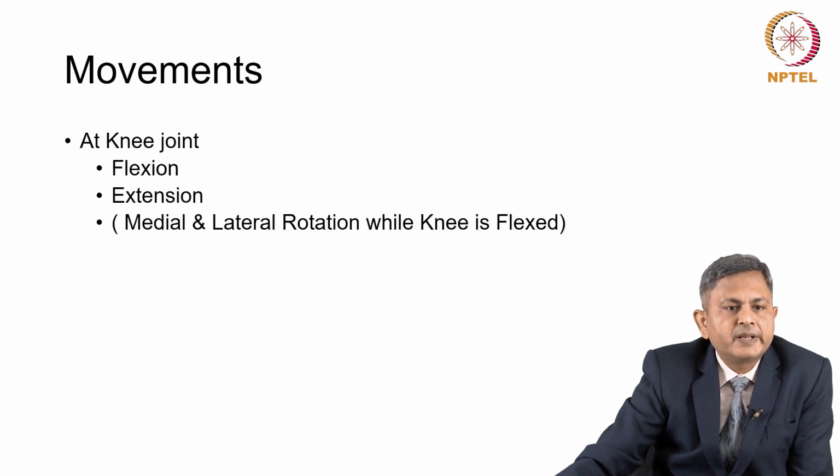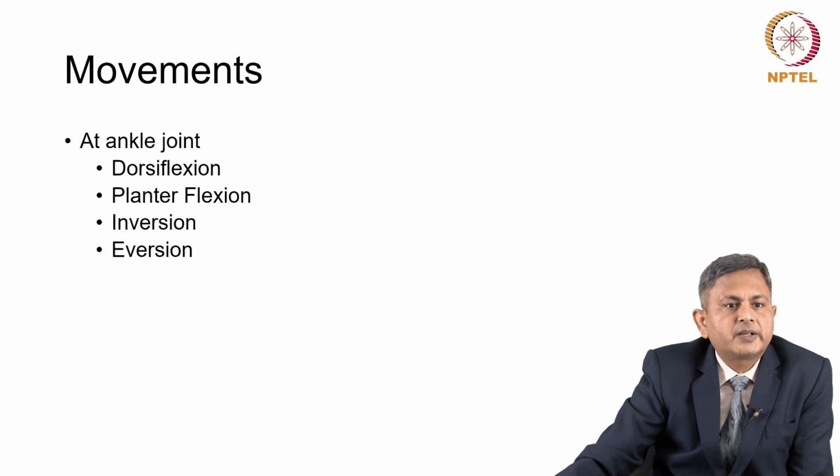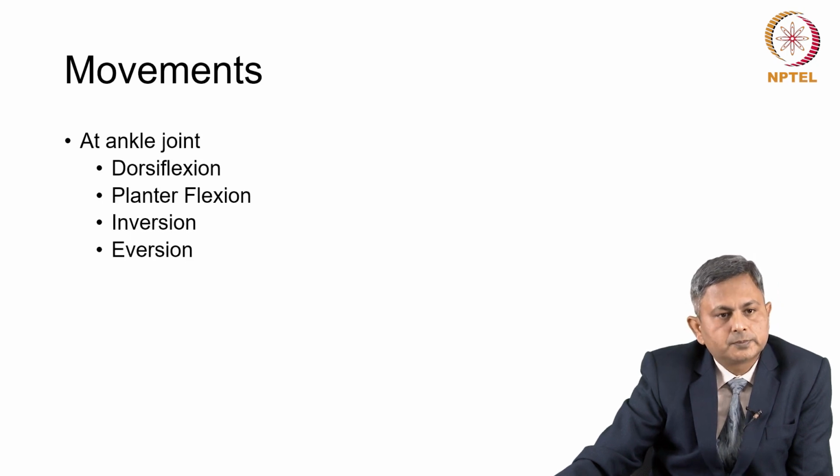At the knee joint, mainly flexion and extension. When you flex your knee a little, slight medial and lateral rotation is also possible. And at the ankle, there is only dorsiflexion, plantar flexion, inversion and eversion.